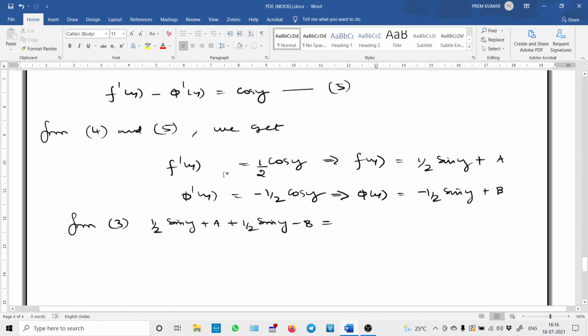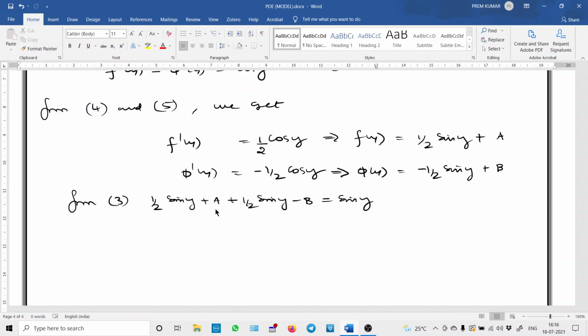Equals sin y. So half sin y plus half sin y gives 1 sin y, and the constants get cancelled. Just everything cancels, which implies a equals b. So a and b are equal. That is what we get from equation 3.